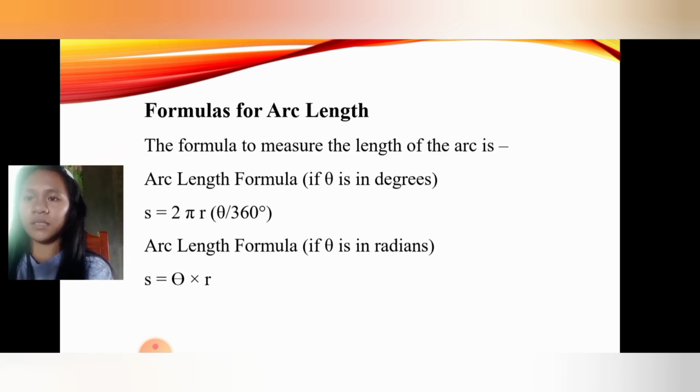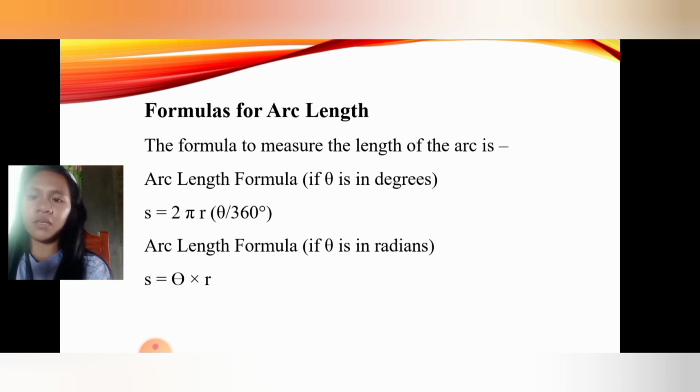So this is the formula for arc length. The formula to measure the length of the arc: if theta is in degrees, the arc length is equal to pi r theta all over 360 degrees.